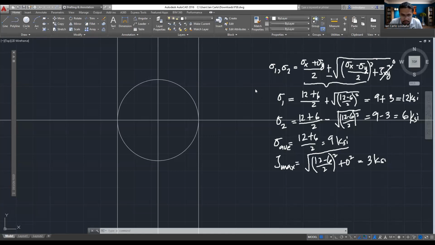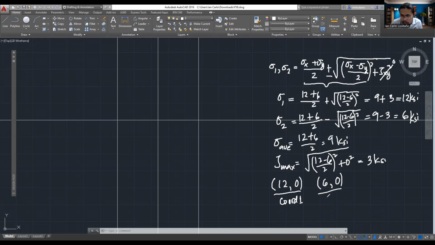Let's work this back a bit, because we have to create the line first between the points to create the circle. We have the coordinates: your first stress is 12 with 0 shear, that's coordinate 1, and then coordinate 2 of the circle is 6 KSI with 0 shear.